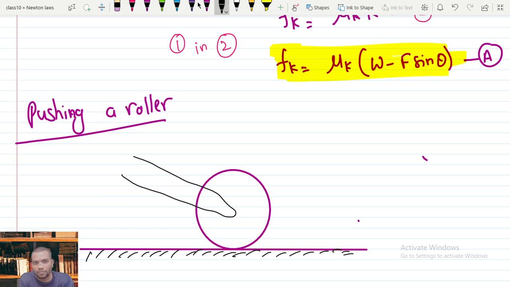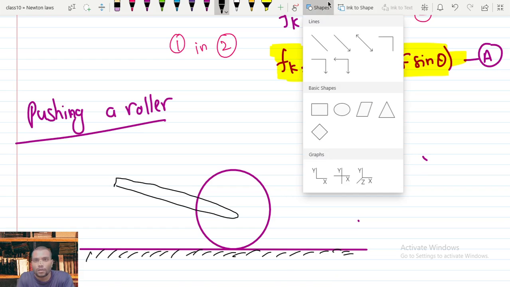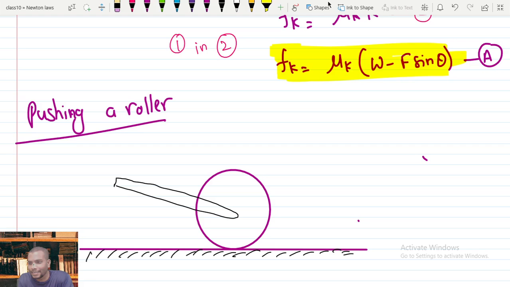This is the roller handle, and this is the force acting towards the roller.